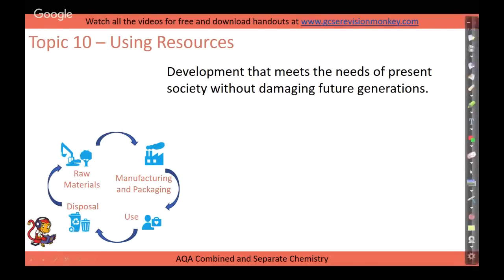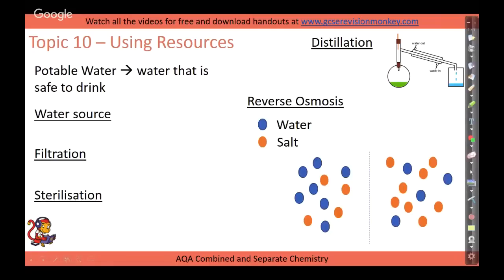The last little bit for topic 10 is to do with water. The word potable water, however you'd like to say it, is water that is safe to drink. It doesn't have to be pure, okay?